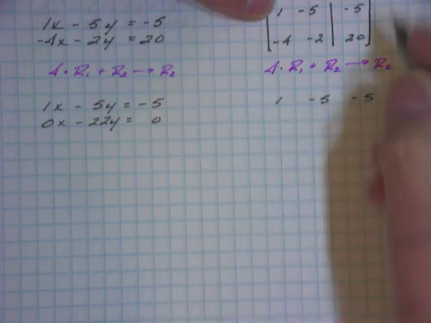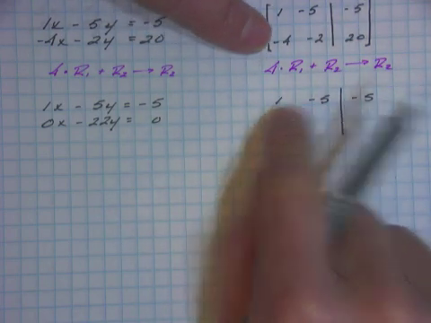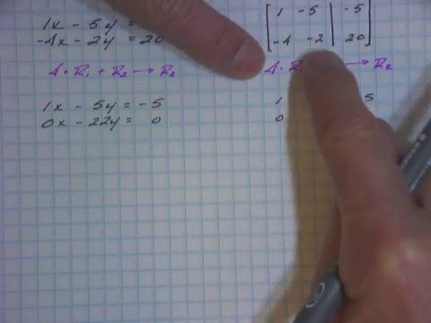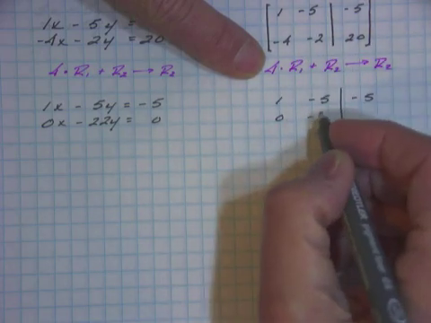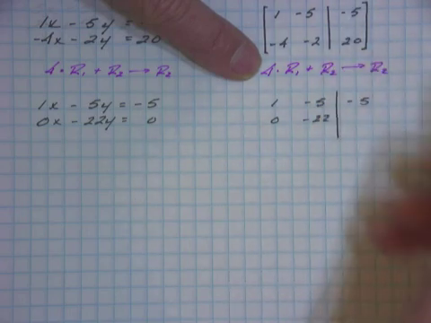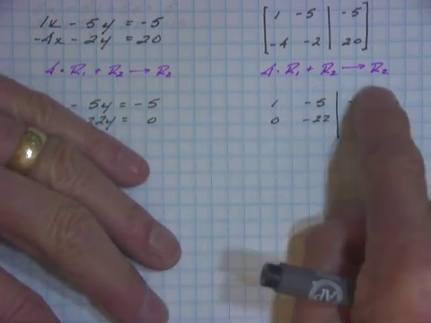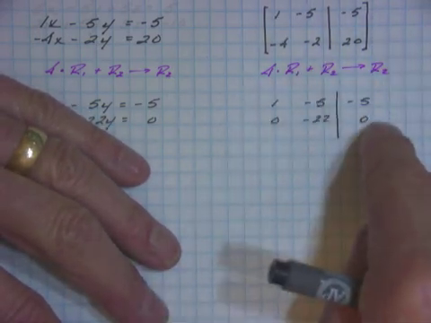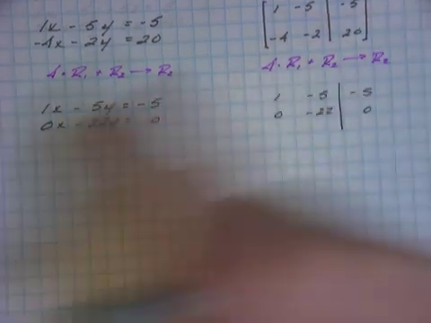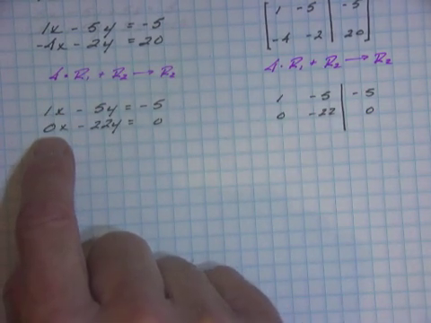First row doesn't change, so we'll put that down here. 4 times 1 is 4 plus negative 4 is 0. 4 times negative 5 is negative 20, and negative 20 plus negative 2 is negative 22. 4 times negative 5 is negative 20, and negative 20 plus 20 is 0. Now, Gauss even went a little bit further. He took off these front and back brackets. He's just doing this. Let's go back to this side.